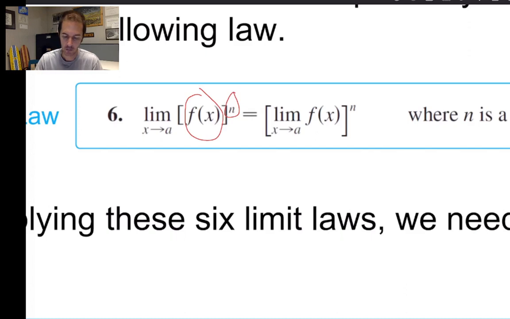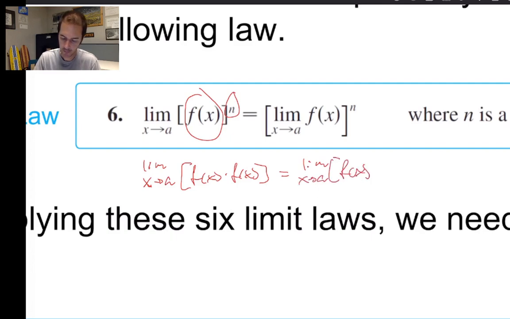So the limit as x goes to a of f of x times f of x would equal the limit as x goes to a of f of x times the limit as x goes to a of f of x again.